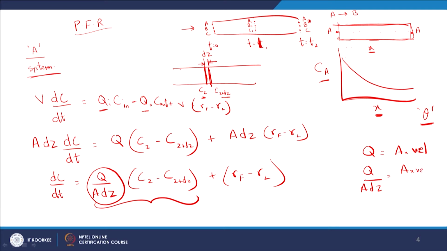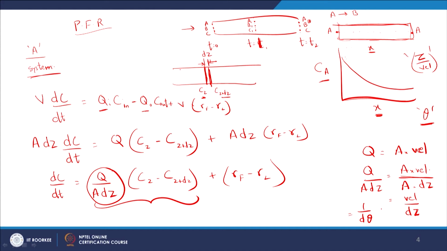Area into velocity, right, and again cross sectional area into dz, right. So, this is going to be velocity by dz, right. So, what is distance by velocity though? What will that give you an idea about? That is going to be your time, and this in case is going to be hydraulic retention time, I guess, right. So, that is going to be equal to 1 by d theta, right.